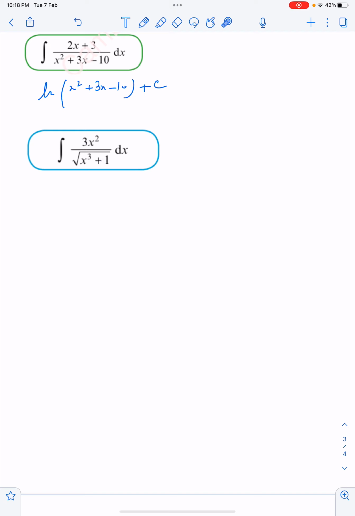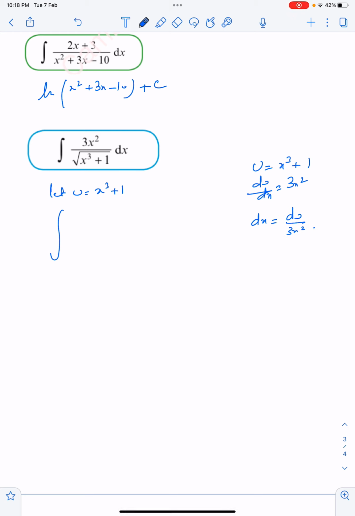So if we use substitution in this case, let u equal x cubed + 1. Then du by dx is going to be 3x squared. If I make dx the subject, dx is going to be du upon 3x squared. In the denominator, I can write the square root of u. In place of dx, I can copy du upon 3x squared.